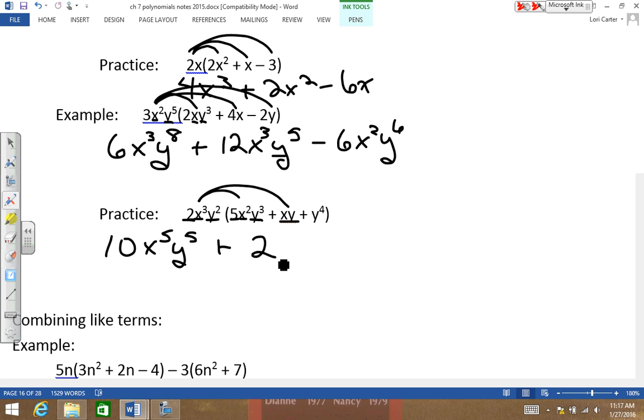Okay, x cubed times x is x to the 4. And then y to the what? 1. So this is 1, and this is y to the 3rd.